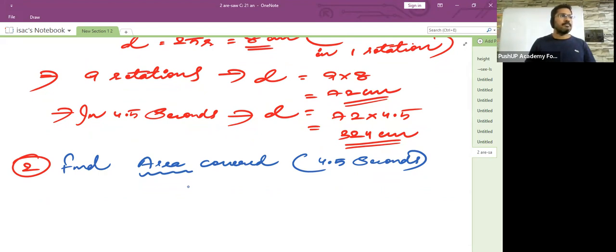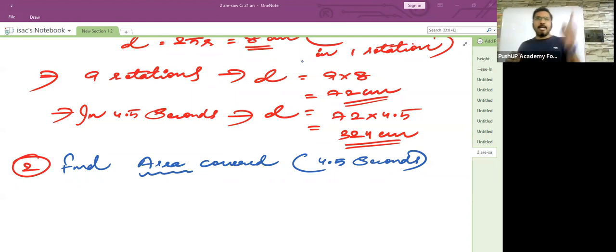Done? Amal, Caitlin, you all have given me the answer for the previous one. 6804. All right. How much will be the area covered in 4.5 seconds? The parameters are the same.